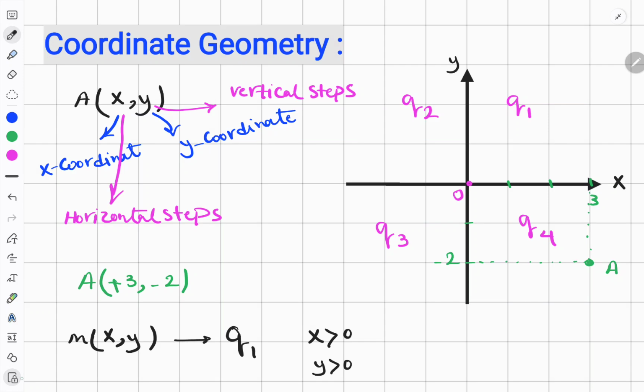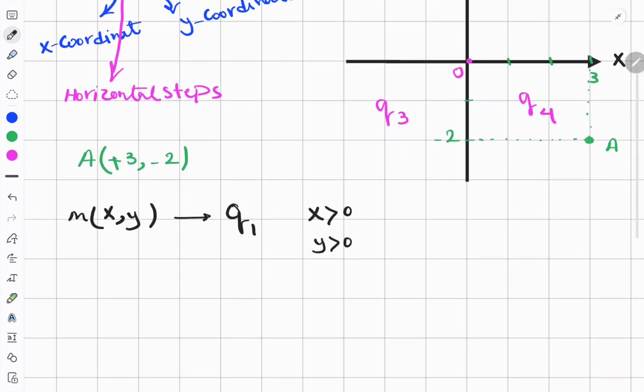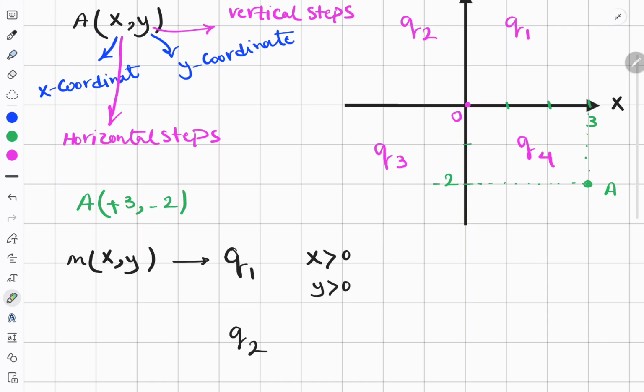And how about Q2? In Q2, for example, here we have a point and x here is a negative value and y is a positive value. So in Q2, x is negative and y is positive. And for Q3, for example, we have a point here.